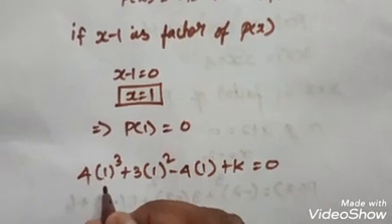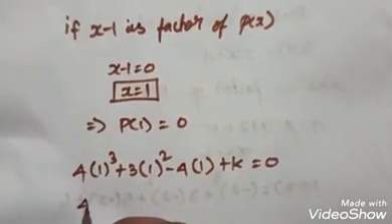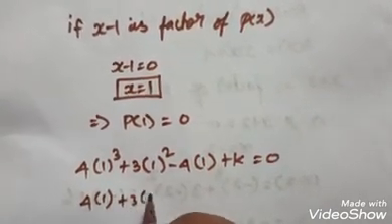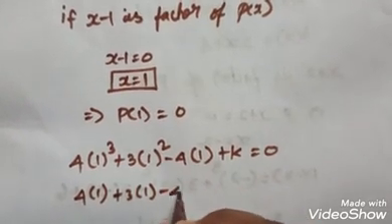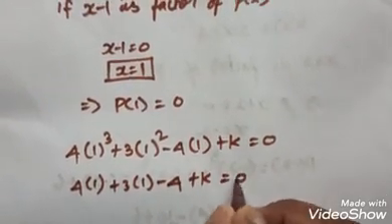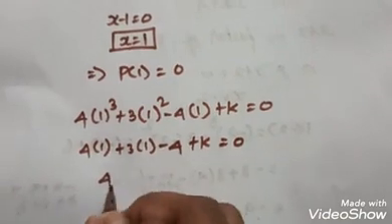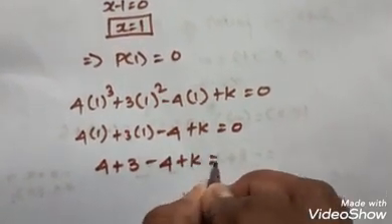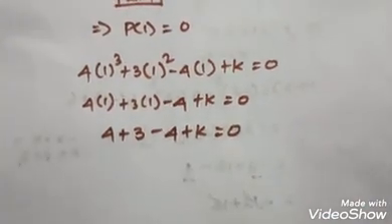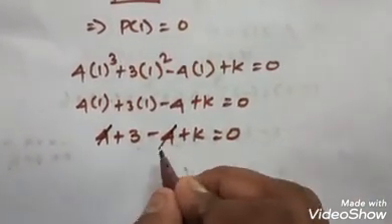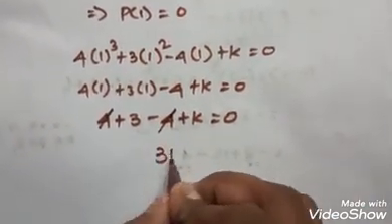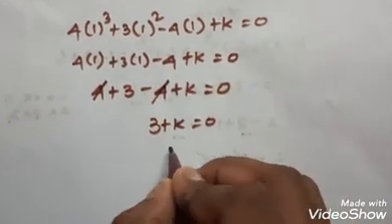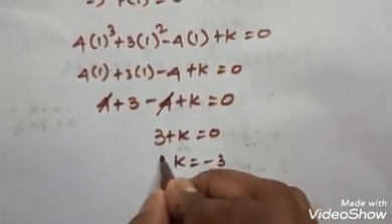Here, however many times we multiply 1, we get 1. So 4 ones are 4 plus 3 ones are 3 minus 4 plus k equal to 0. Here plus 4 minus 4 get cancelled. 3 plus k equal to 0, k equal to minus 3.